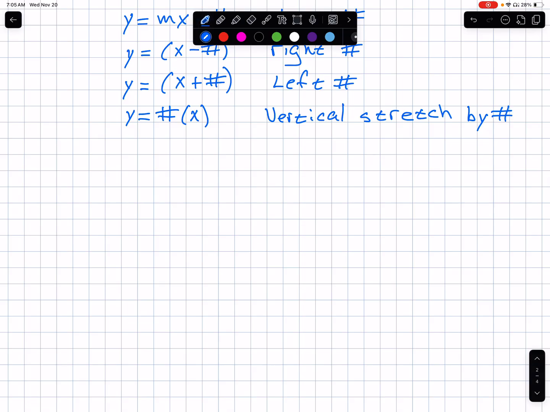So if we have a fraction here, so y equals 1 over some number times x, then it's going to be a vertical compression. The graph is kind of getting smushed from the top.